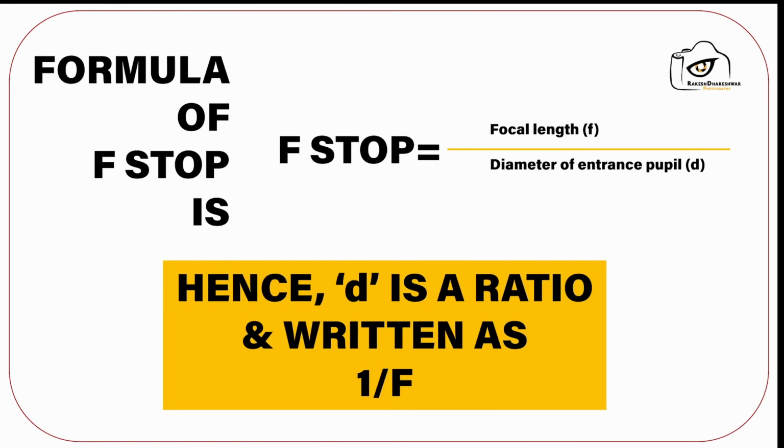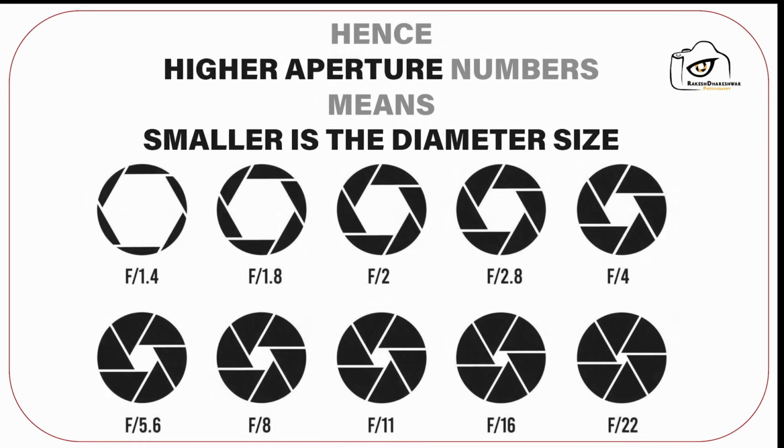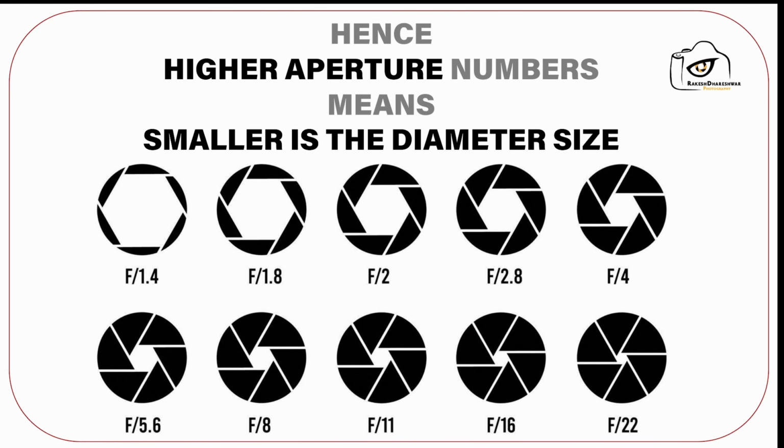So smaller f-number is equal to bigger opening, which means more light. And bigger f-number is equal to smaller opening, which means less light. And that's why f/2.8 lets in more light than f/4, even though 2.8 is a smaller number. And this is why beginners look at aperture numbers and say, I understand, but I also don't understand.